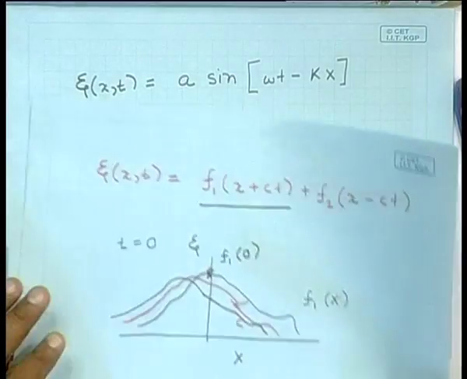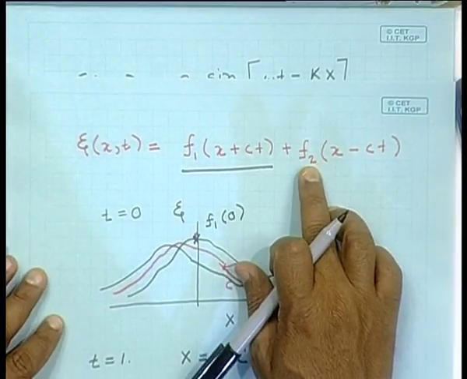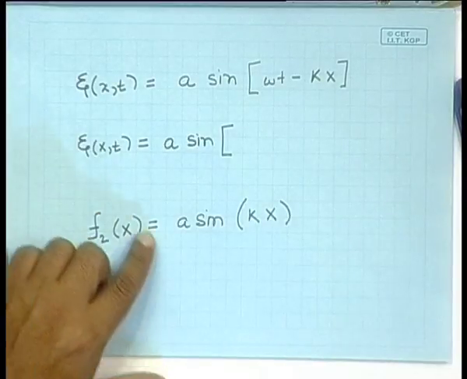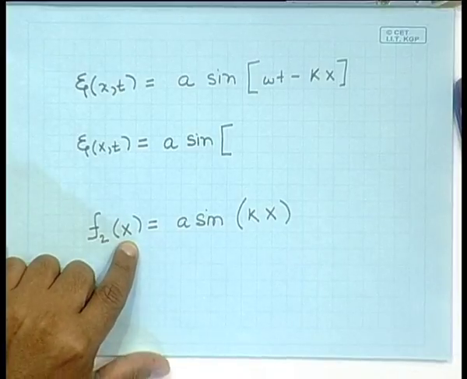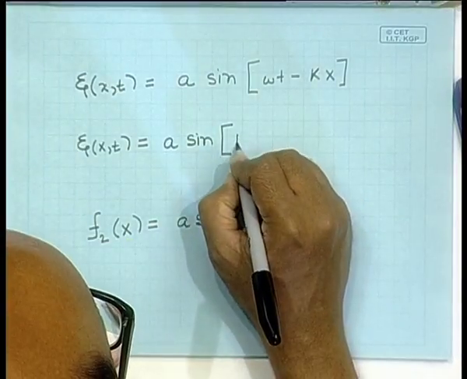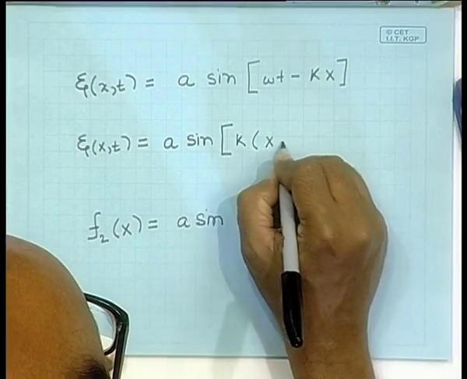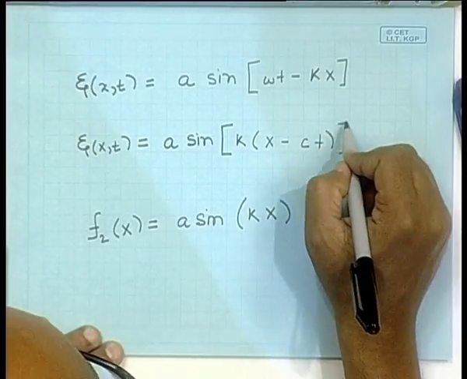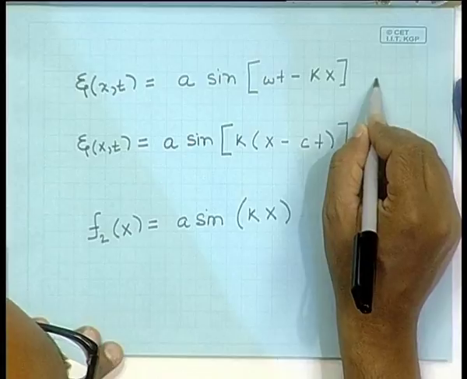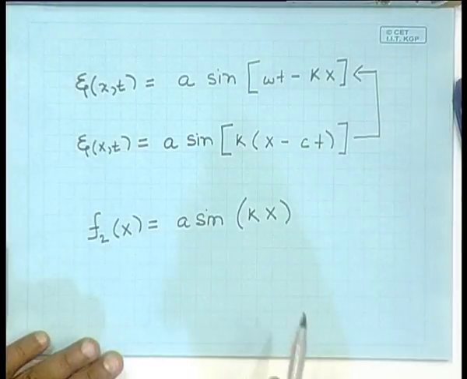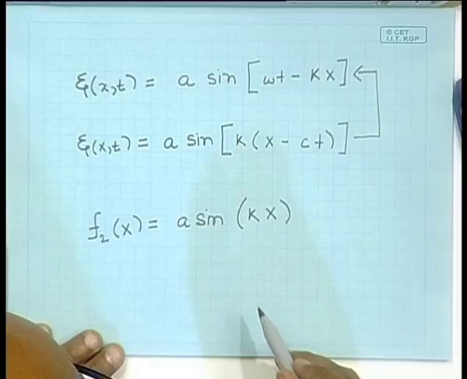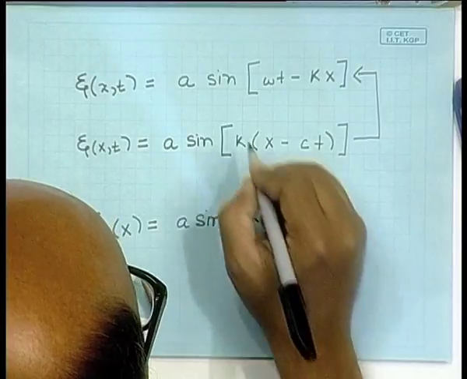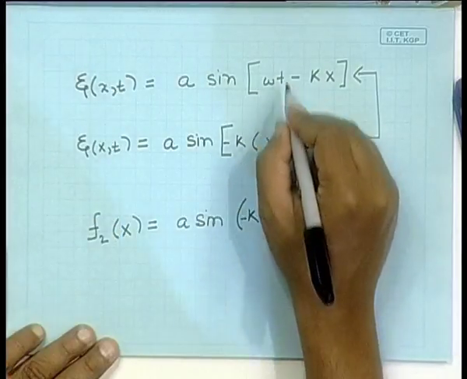Then the solution ξ with this choice of f2 is going to be f2 as a function of x minus ct. So it will be a sin(k(x minus ct)), which we see is exactly the same as this, provided we identify, I could put a minus sign here, so this will be minus, and I have minus here. So this is exactly the same as this.